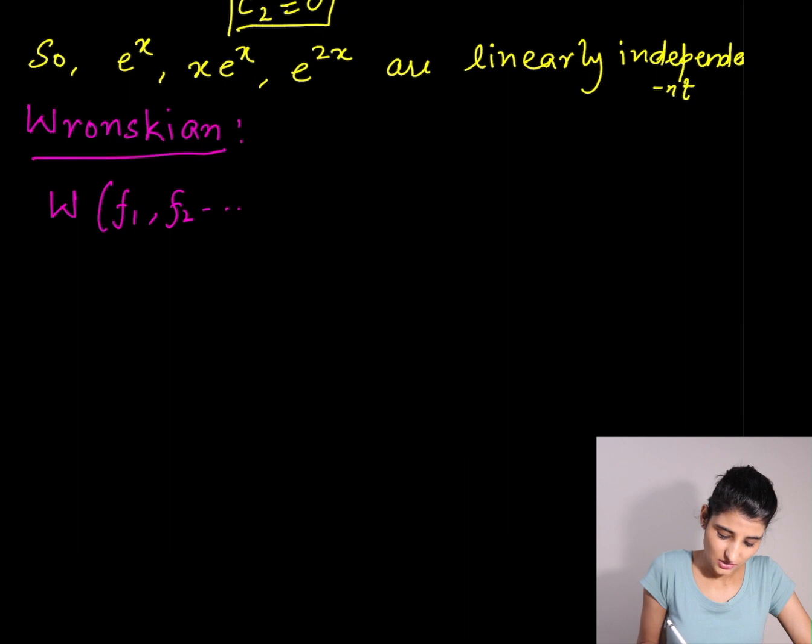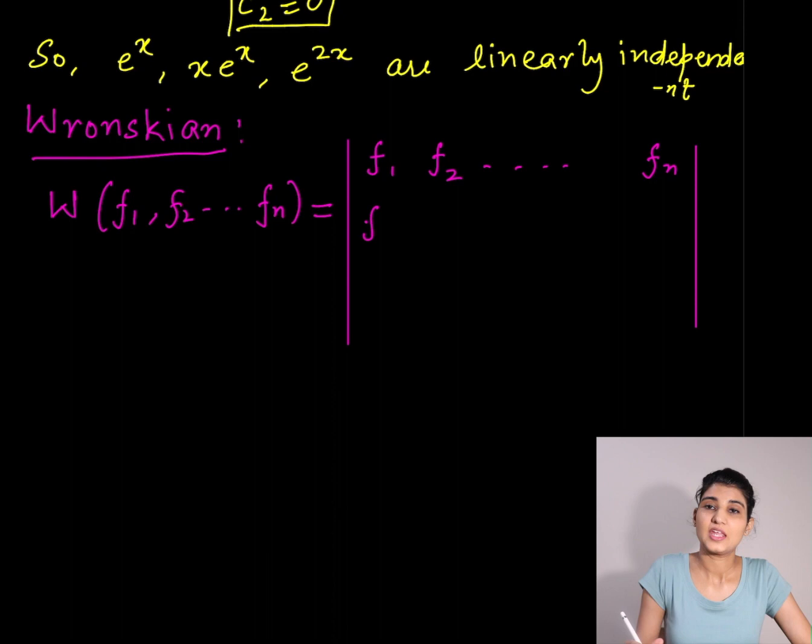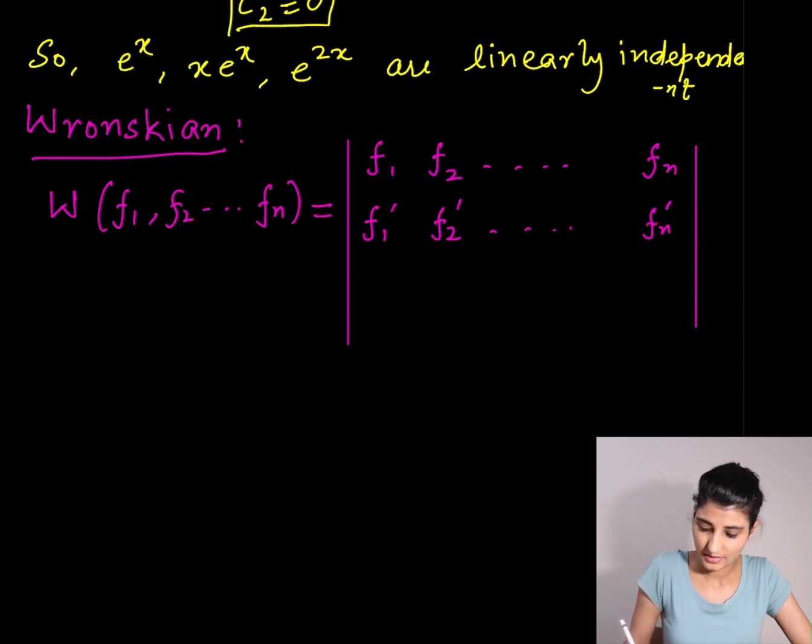So Wronskian of, say, f1, f2 up to so on fn is defined as the determinant. So in the first row you keep them as it is, f1, f2 up to so on fn. In the second row you are going to take the first derivative. So f1 first derivative, f2 prime, fn prime.